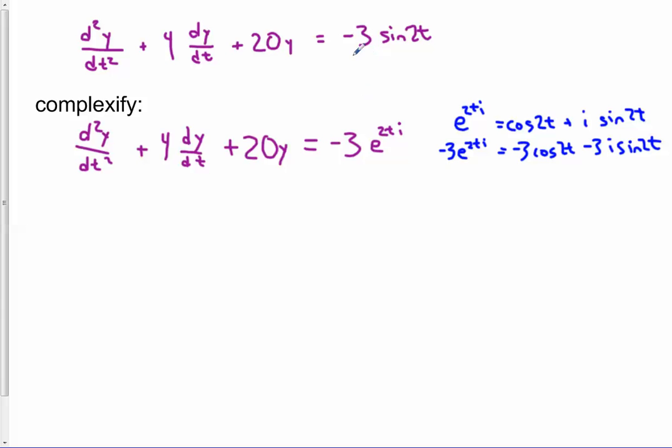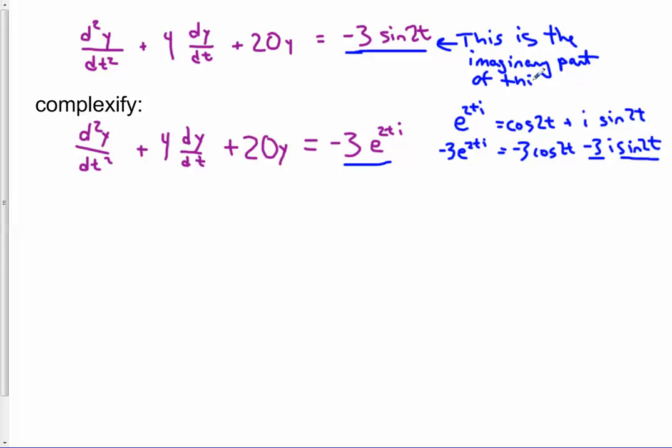So you see that my original right-hand side is the imaginary part of this guy. I've replaced this with a complex number that has this as its imaginary part.